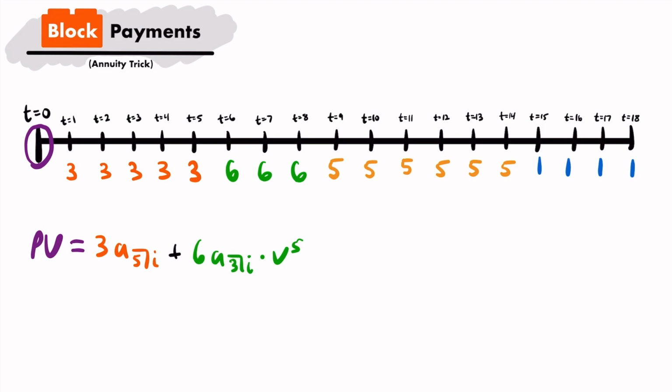Now, following a similar pattern, if we add the next block, we have 6 payments of $5, so the present value would be 5 a6 bracket i. But that values those payments one period before the first payment, which would be at time 8, so we need to multiply by a present value factor to the power of 8 to bring that value back to time 0.